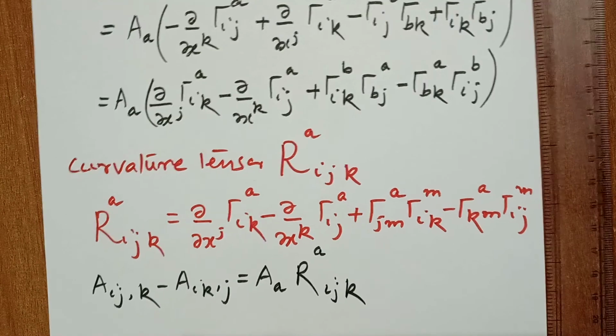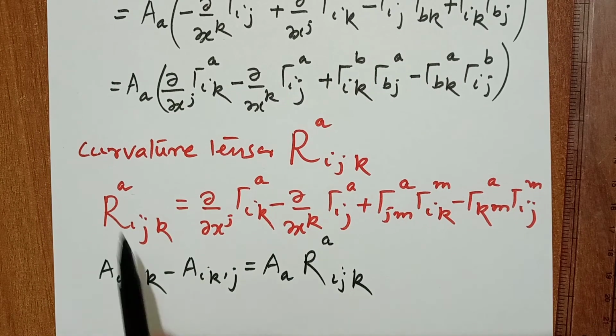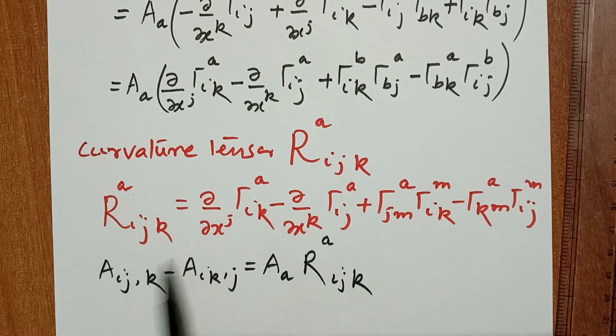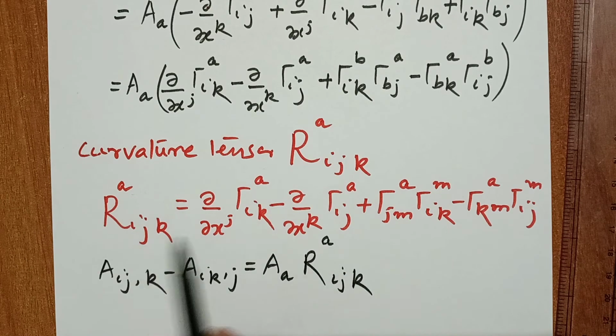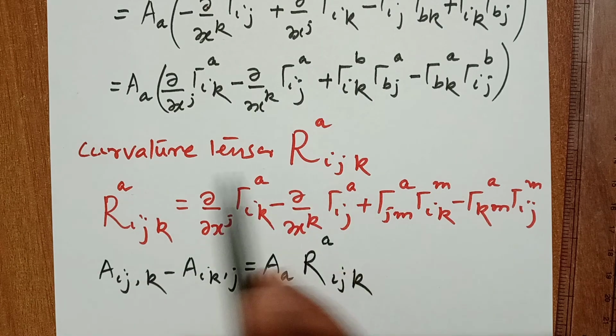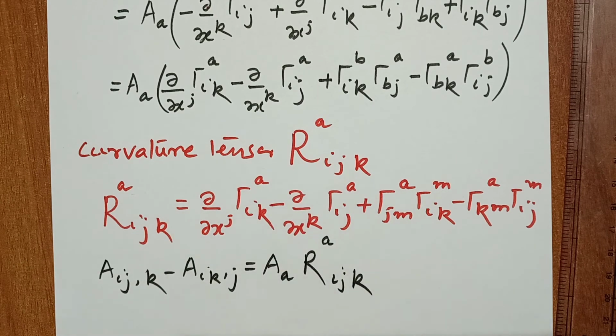This is a very important definition, R^a_{ijk}, called the curvature tensor. This is a 1-3 type tensor, which means one contravariant index and three covariant indices.